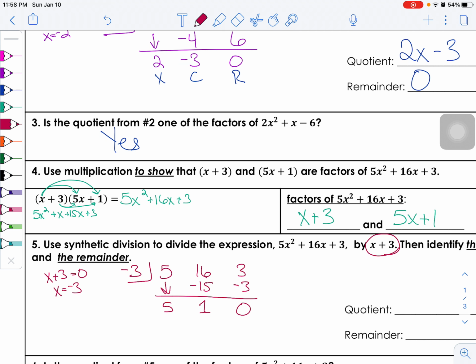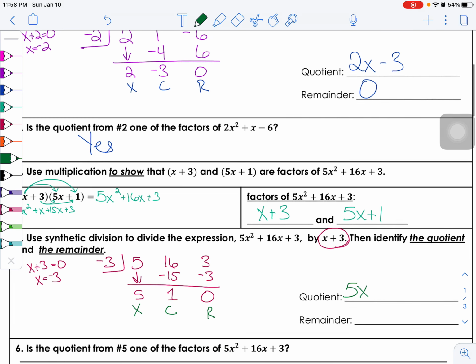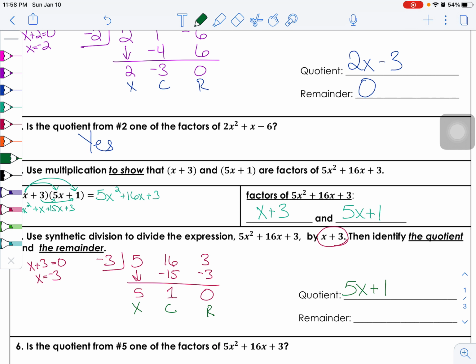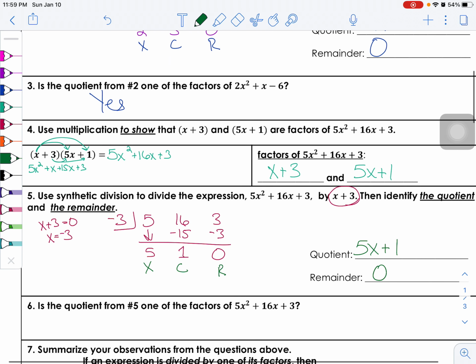Negative 15, add vertically, there's a 1. Negative 3, remainder is 0. So if I put that in order, remainder, constant, in this case we're dealing with x. So my quotient here is 5x plus 1, and the remainder is 0.